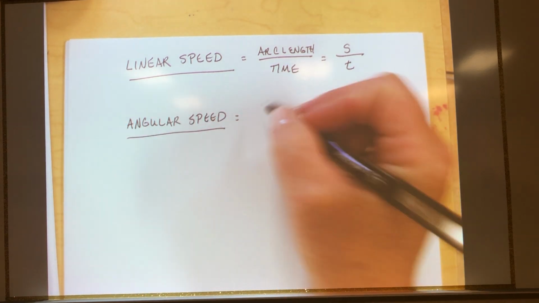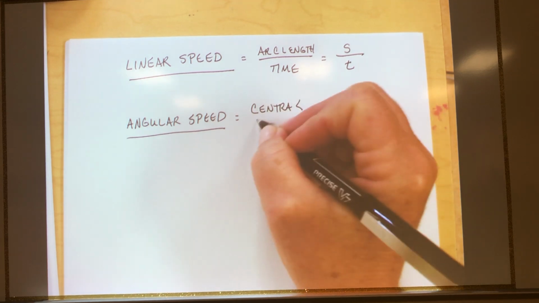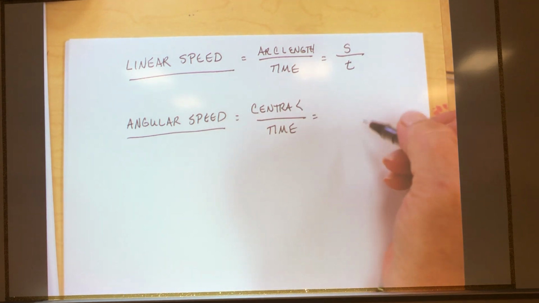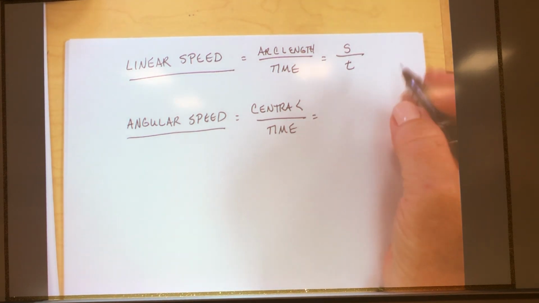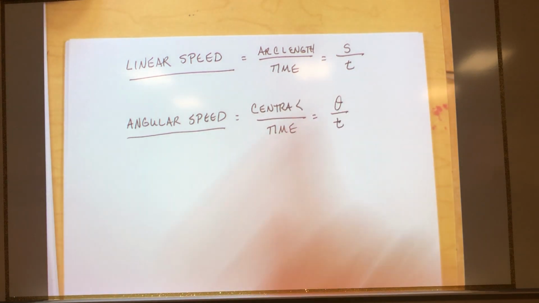Okay, angular speed is the central angle over time. Now, what are we gonna call that central angle? Theta. Yeah, you're gonna call it theta over T. Now, what do I know about this theta?